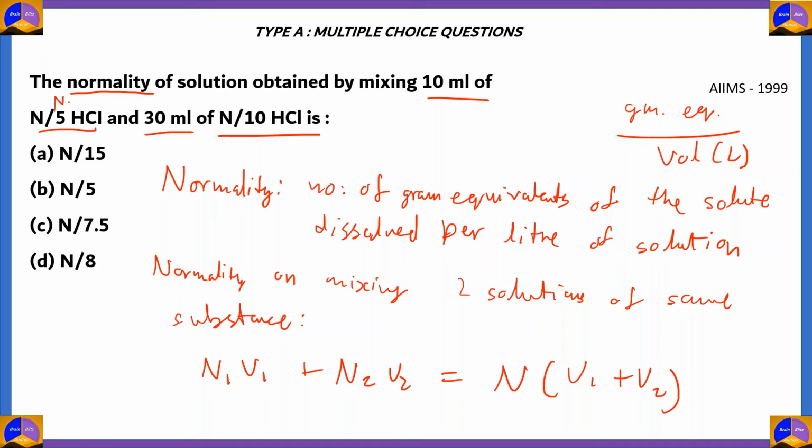N1 is N by 5 HCl, N2 is N by 10 HCl, V1 is 10 milliliters, V2 is 30 milliliters.